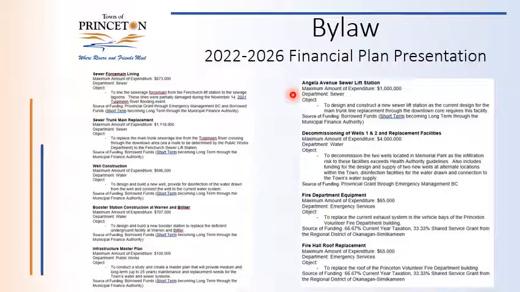A lift station would assist gravity in getting this sewage into the trunk main underneath the Tulameen River and off to our sewer lagoons. So this would design and construct a new sewer lift station to facilitate that new trunk line. Borrowed funds would also, this is part of the $7 million project, the major sewer and water upgrade for this project.